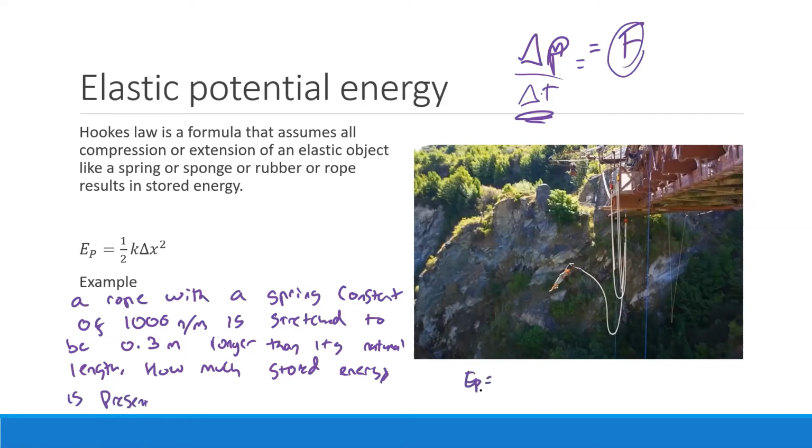EP, the amount of potential energy, is equal to half times k and delta x squared, which is going to be a half times 1,000 times 0.3 squared, equals 0.5 times 1,000 times 0.3 squared, equals 45 is what I got. 45 joules. And so that's how much energy there is.